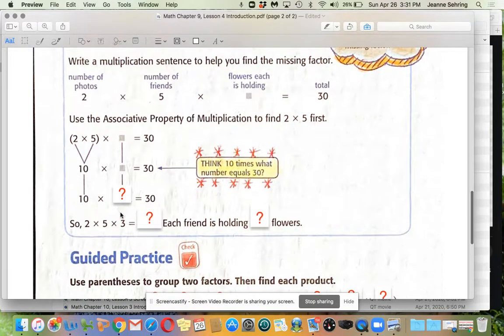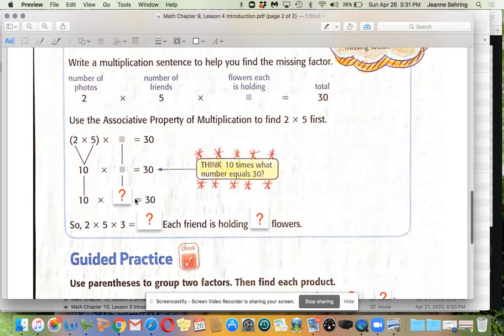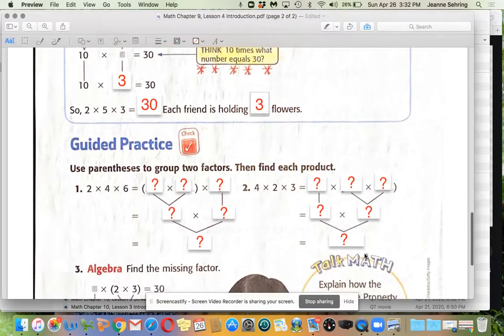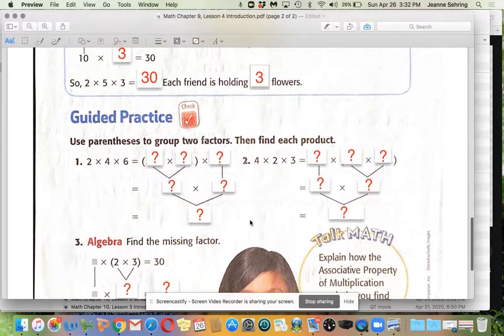But I think it's easier in my head to say 10 times what equals 30? The answer to that is 3. 10 times 3 equals 30. So 2 times 5 times 3 equals 30, which is the problem we just did a minute ago. Each friend is holding 3 flowers. Same problem we did. Isn't that funny?